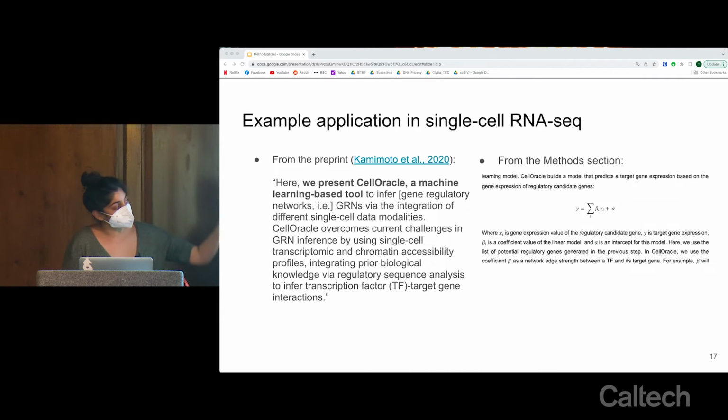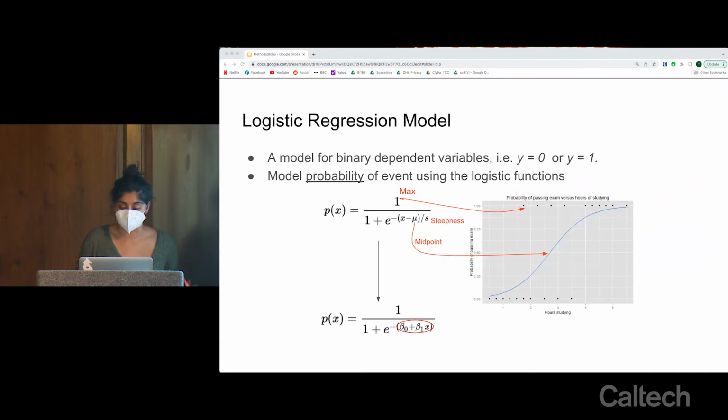The point is that you want to learn these beta coefficients that best represent those relationships. In this case, they were trying to learn a gene regulatory network structure from this, so which genes influence the output of this target gene. In this particular case, I think they filtered for transcription factors to look at that. But, yeah, I don't know if there are any questions about linear regression.